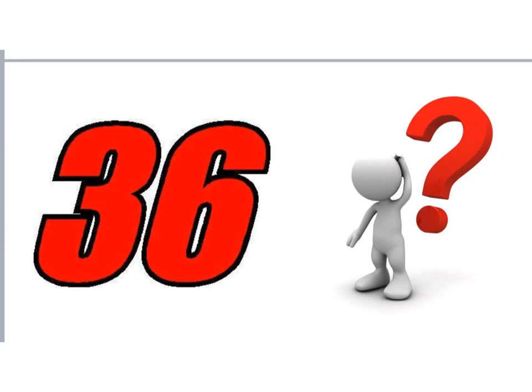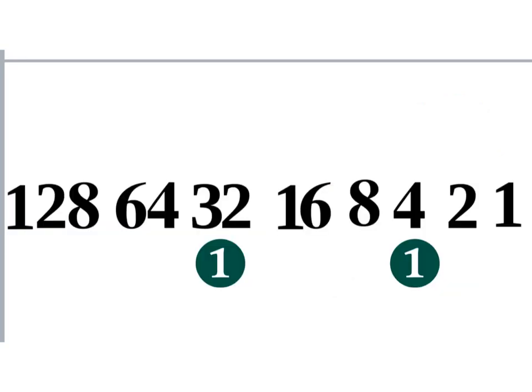So if we wanted to make a number such as 36, well, at this point we start off at the left hand side and say, do I need 128 in my number in order to make 36? No, I don't. Do I need 64? No, I don't. Do I need 32? Yes, I do. Okay, so the first 2 numbers were too high. 32 works in my number. If I added 16, it would be too large.